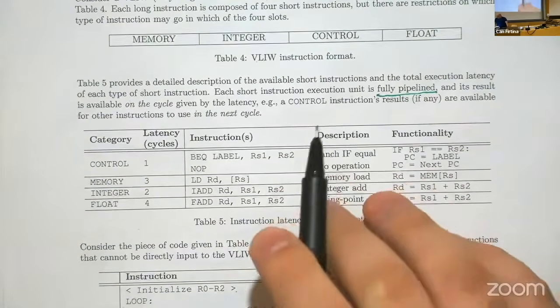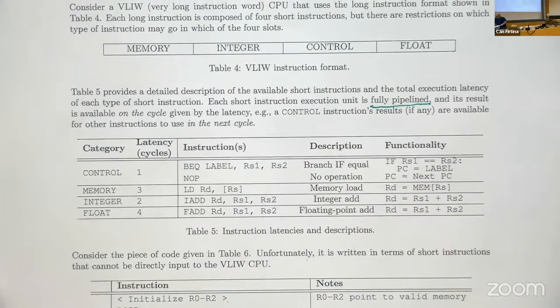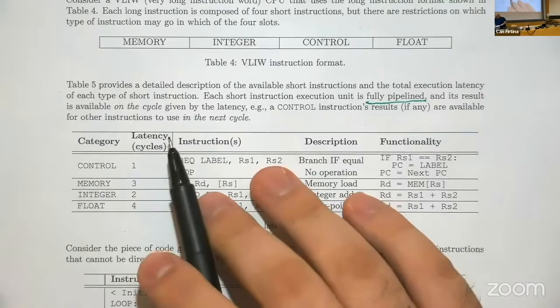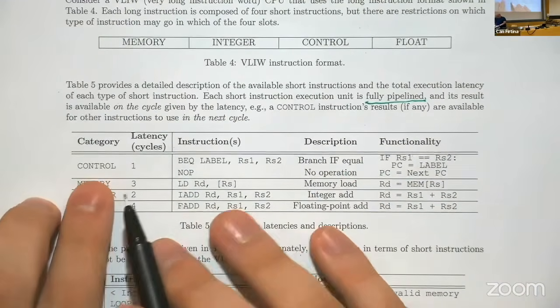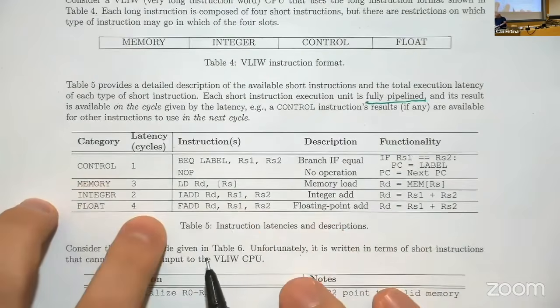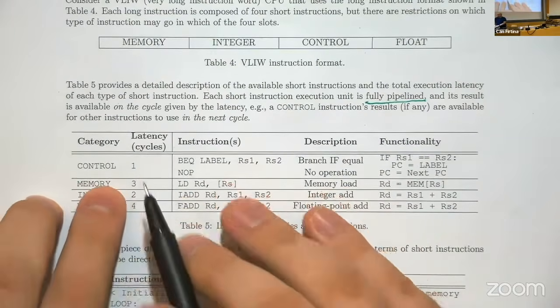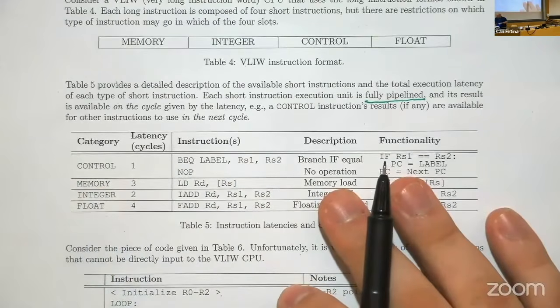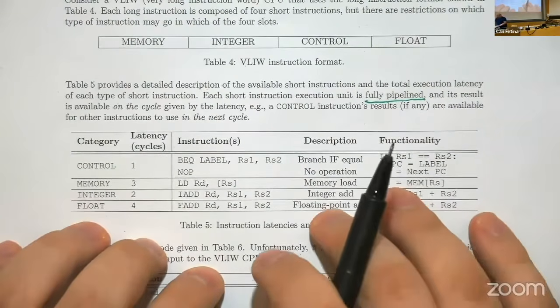What that means is, for example, for a control instruction, its results, if any, are made available for other instructions to use in the next cycle. Let's take a look here at the category control in table 5. We see that the corresponding latency is 1. So what that means is we issue the control instruction, and then the result is going to be available right after, in the very next instruction.